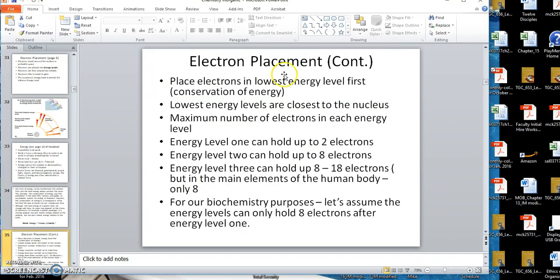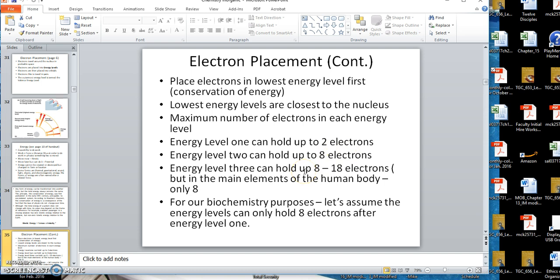All right. So here we go with the electron placement. You place the electrons in the lowest energy level first, conservation. Then you start filling from that. Energy level 1 can hold a max of 2 electrons. Energy level 2 can hold a max of 8 electrons. Okay.